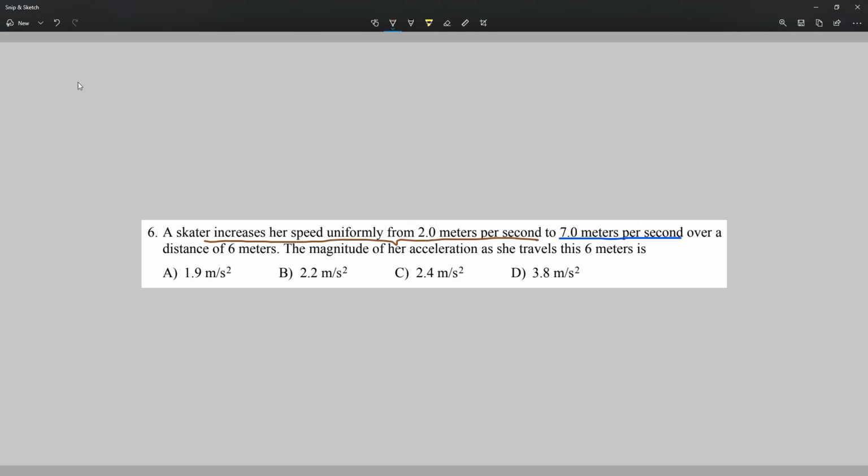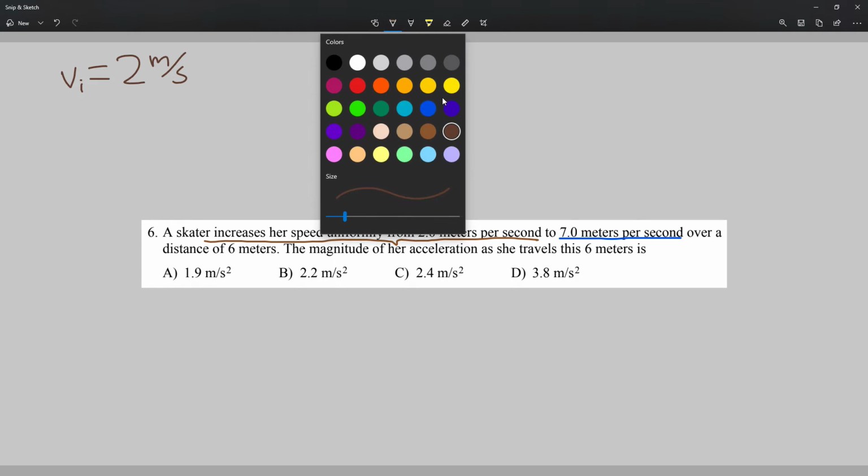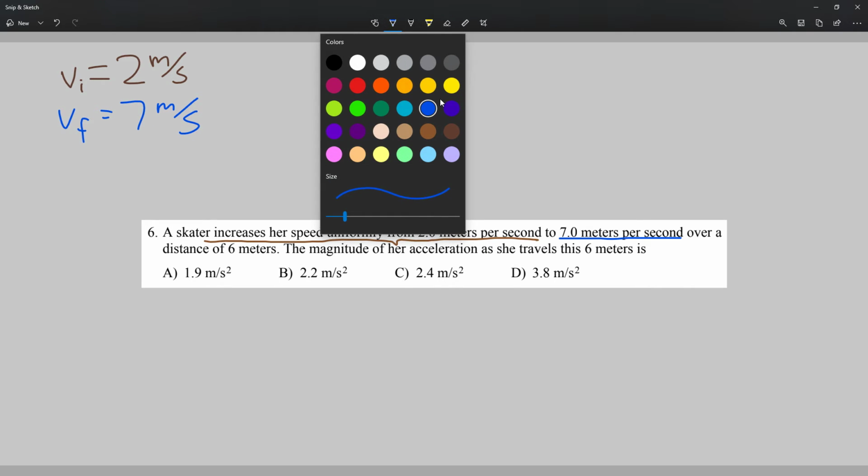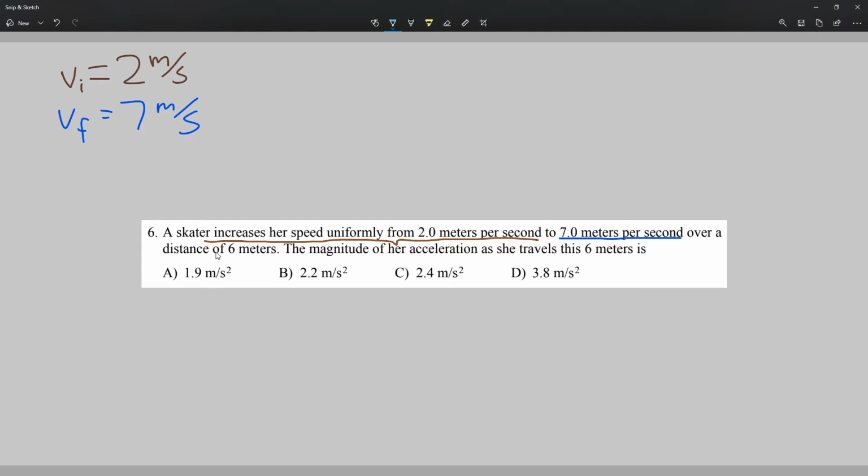So VI is 2 meters per second, and your final velocity is 7 meters per second. Let's continue reading the problem. Over a distance of 6 meters.